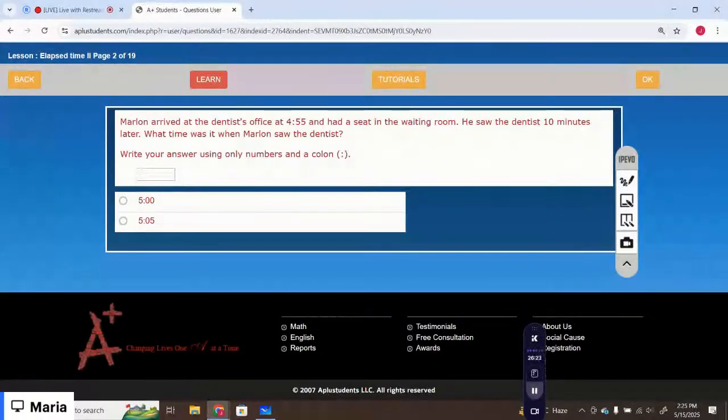So from 4:45 plus 10 minutes, that is 4:55. Option number 2 is the correct option.